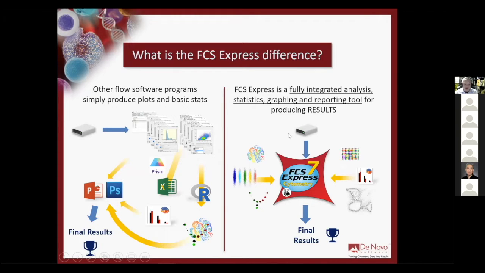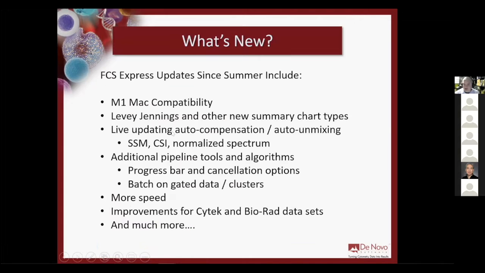What you're going to see in the software today as we walk through it is all of that integration, even going into what was talked about earlier about processive versus interactive analysis. All of that is included in FCS Express.